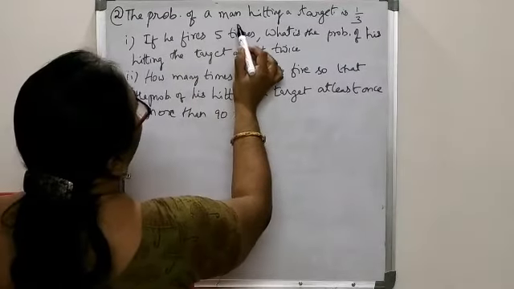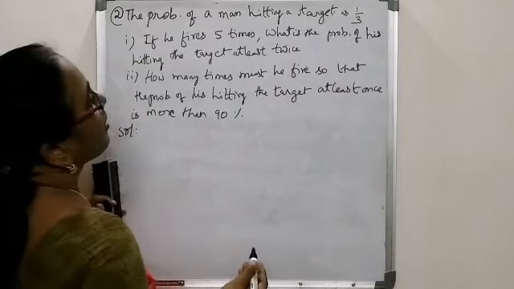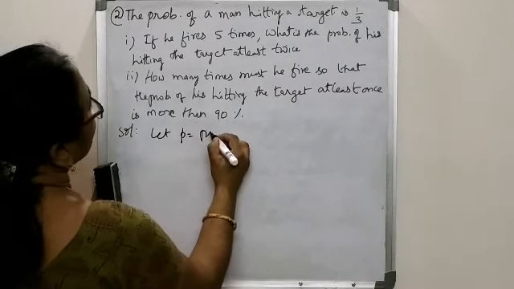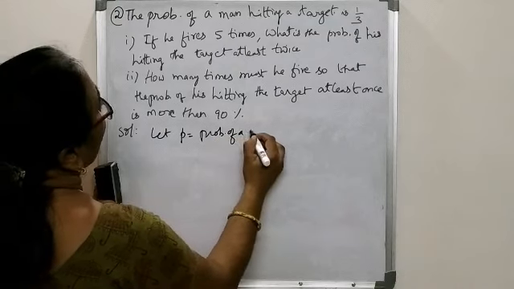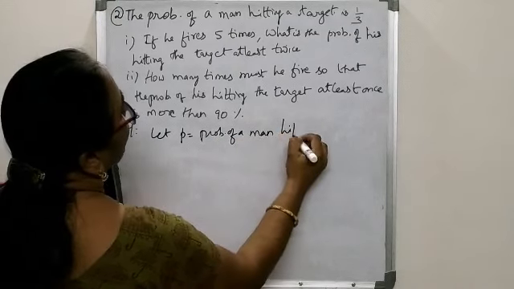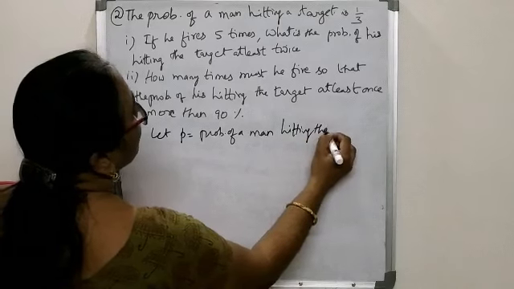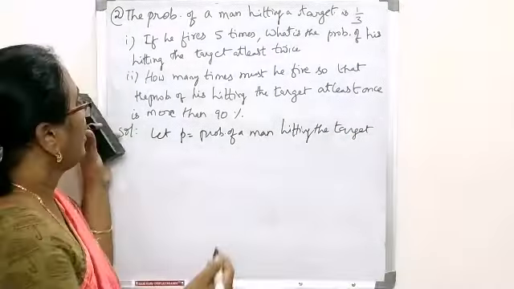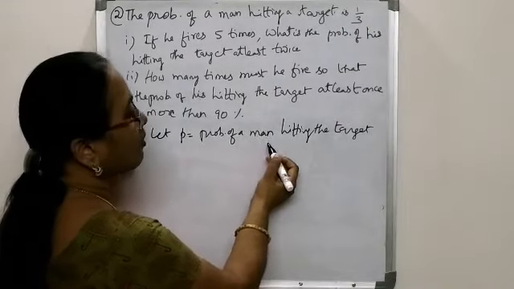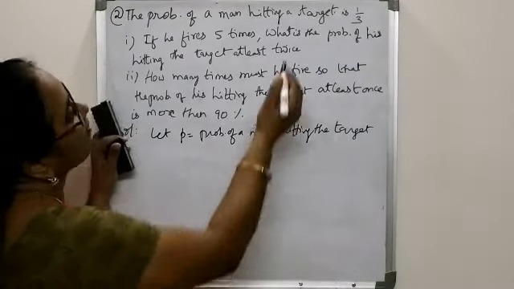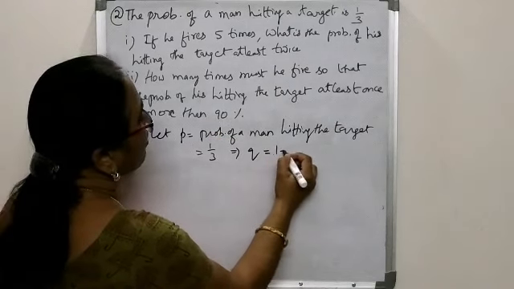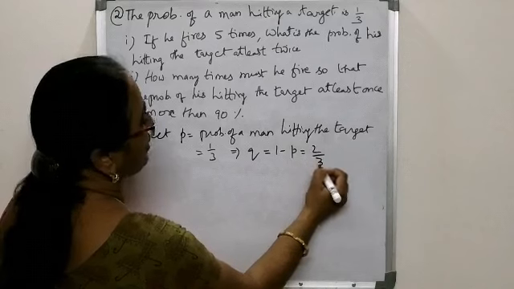Okay, look at the problem given. The probability of a man hitting a target is given as 1 by 3. So let us suppose that p is equal to the probability of a man hitting the target, which is 1 by 3, which implies q is 1 minus p, which is 2 by 3.